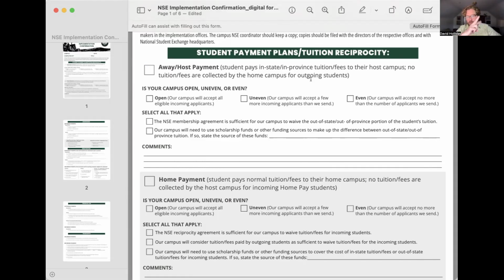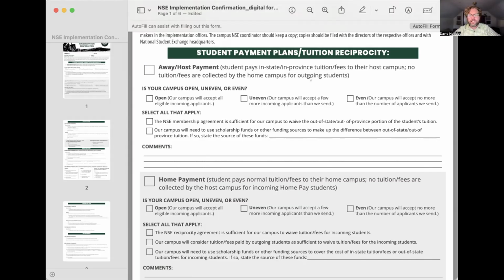And so these policies are reciprocal in terms of you have to offer the same tuition plans incoming as you offer outbound. Although there is a little bit of flexibility. We have some campuses that are bound by state policy or state guidelines. That means they cannot bring in students on away payment because they cannot offer in-state tuition to those students.